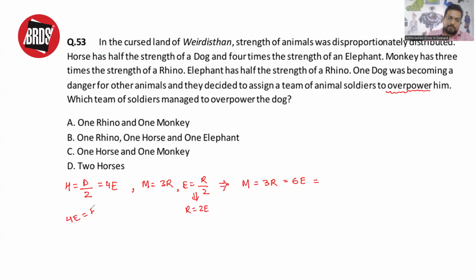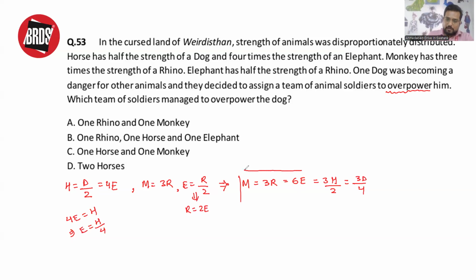Four elephants equals one horse, that means elephant equals horse by four. Using that thing, I will get six times horse by four, which could be written, instead of this one, I would prefer to write it like three times horse by two. And one horse is d by two. When you put it equally, that would become 3d by 4.